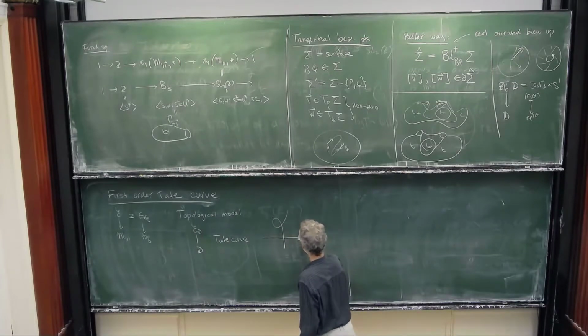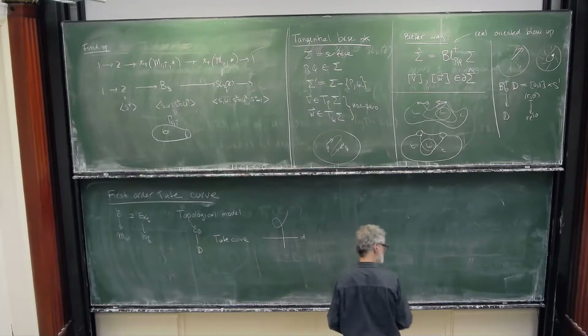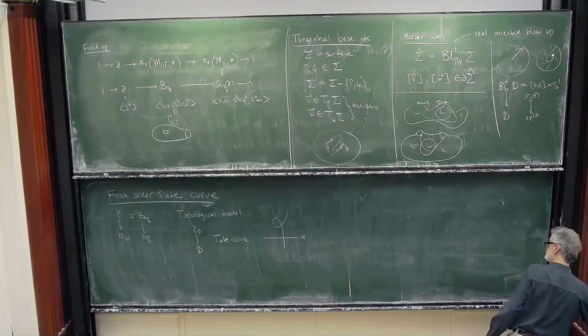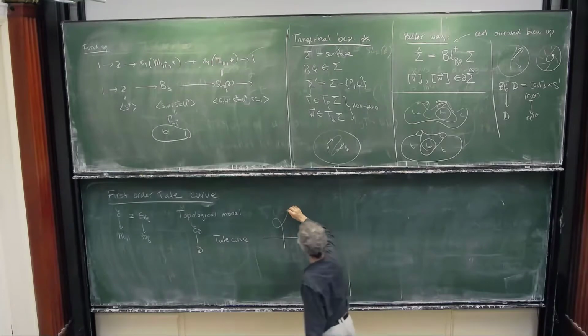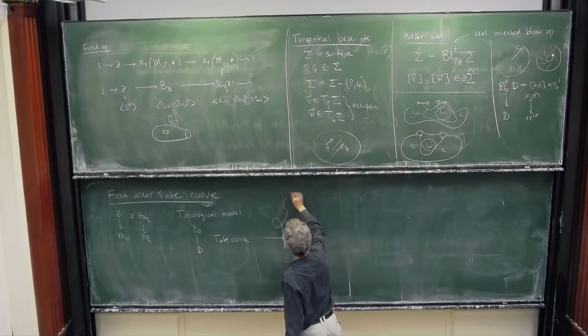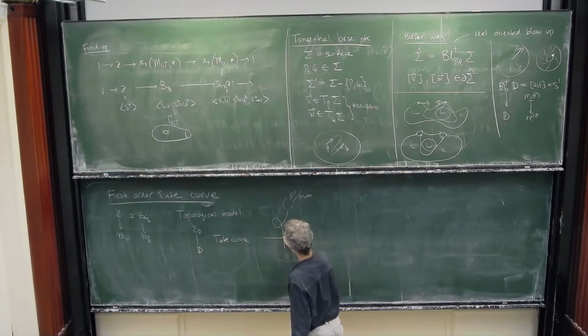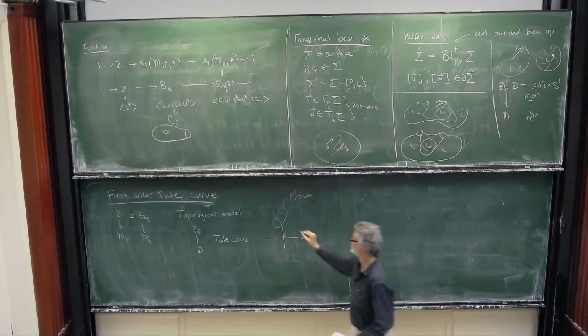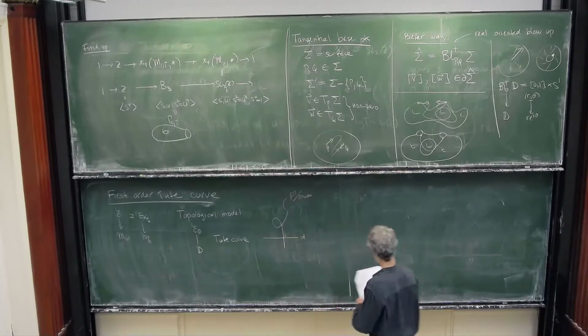This is the identity section. And this central fiber, just over Q, is just P1 with 0 identified with infinity, and this point goes through at 1. So 0 and infinity get identified here.